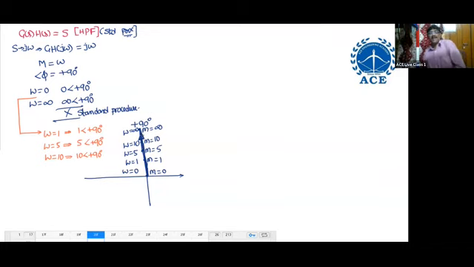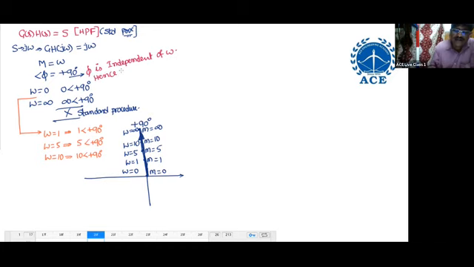Listen, this is simply the angle axis. Whenever the transfer function does not consist of any finite pole or finite zero, it is generally a straight line. Simple logic: the phase is independent of frequency. Independent of omega.